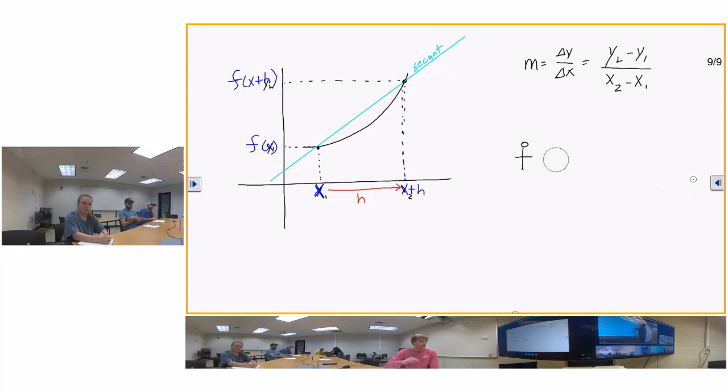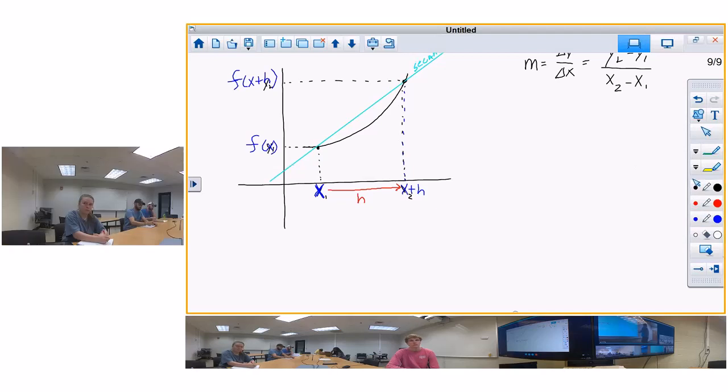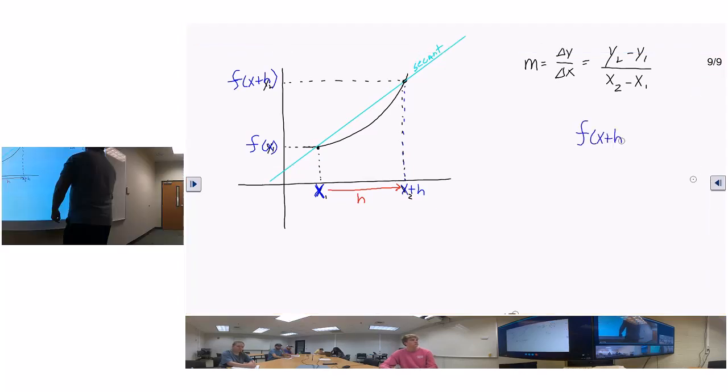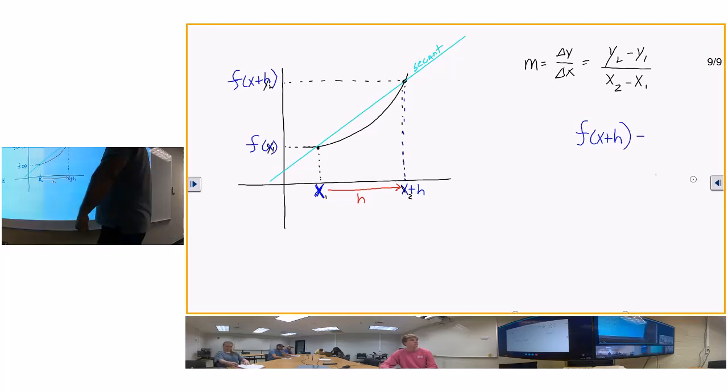So what was y sub 2? F of x plus h, minus what's y sub 1?